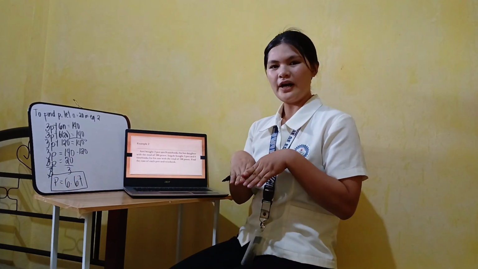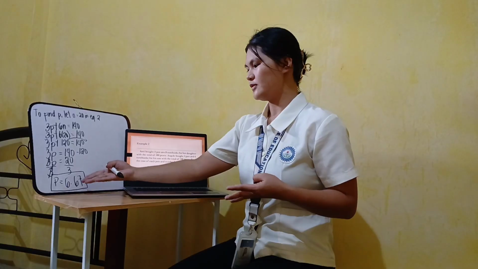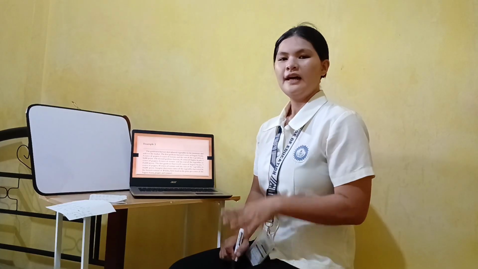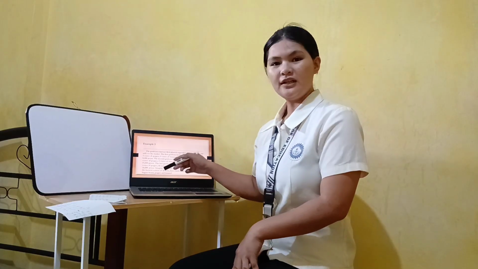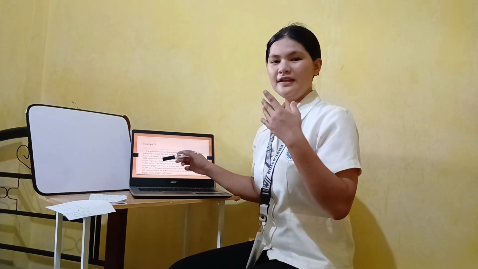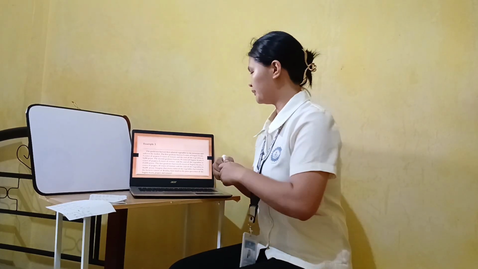So therefore, the total of one pen is equal to 6.67 and the total of one notebook is equal to 20 pesos. Sa example number 3 natin, it already consists of 3 variables na kung saan even dito sa 3 variables, same process pa rin ang mangyayari with the 2 variables.